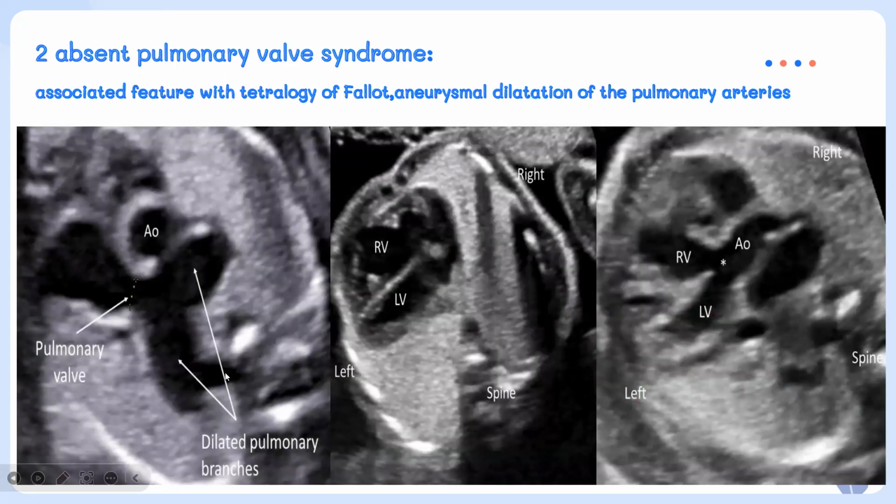Second, absent pulmonary valve syndrome, an associated feature with tetralogy of Fallot, with aneurysmal dilatation of pulmonary arteries. This shows absence of the pulmonary valve and aneurysmal dilatation of the pulmonary artery, associated with overriding of the aorta and right ventricular dilatation.